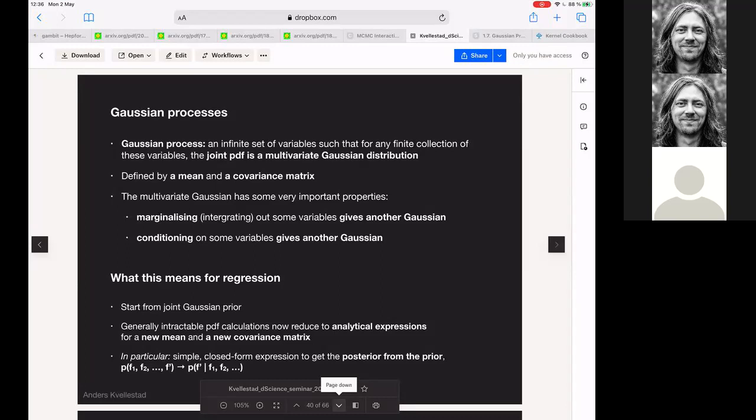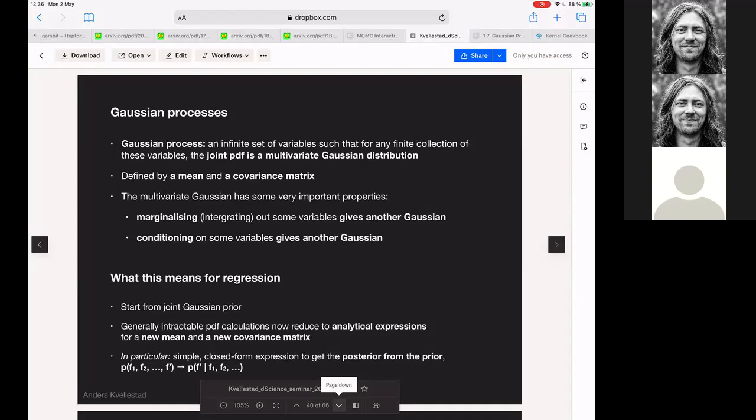And what this means is that instead of starting from any type of joint PDF or joint prior, we require that joint prior to be a Gaussian. If you start from a Gaussian like that, then by marginalizing out some of the function values and looking at others, that marginal distribution will be a Gaussian.